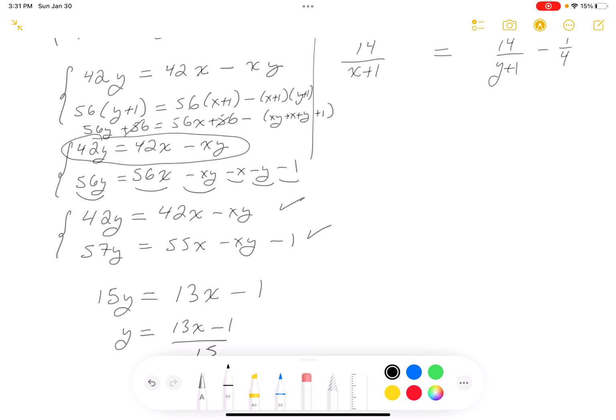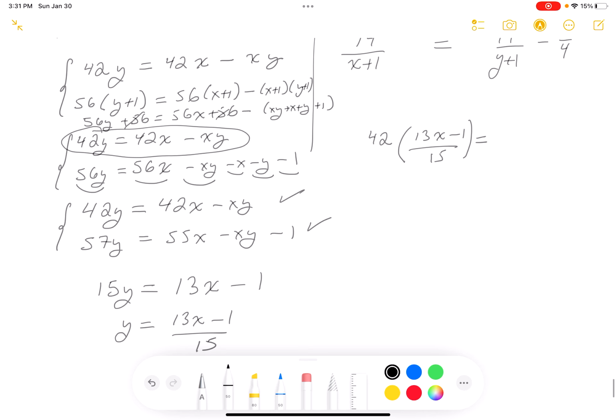Let me write this down. 42 times y, 13x minus 1 over 15, equals 42 times x, well, that's not so bad, minus x times y. Well, that's going to be x, and what's y going to be? Well, let's write this down. 13x minus 1 over 15.